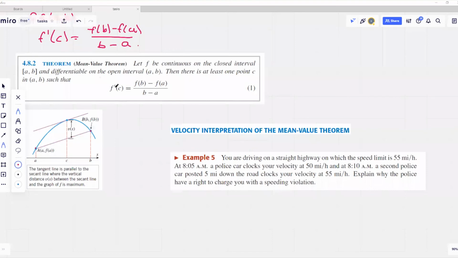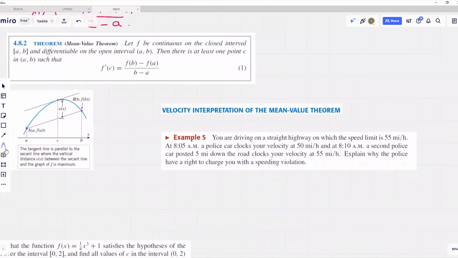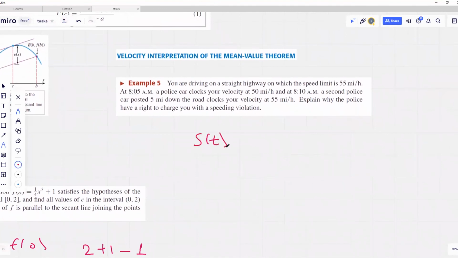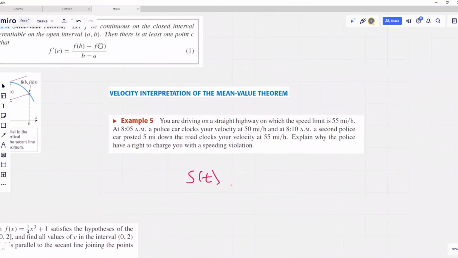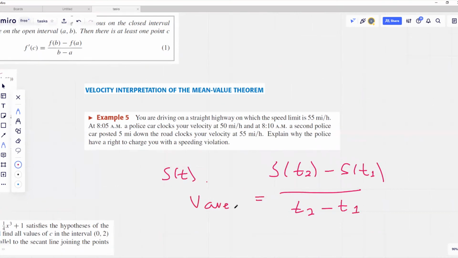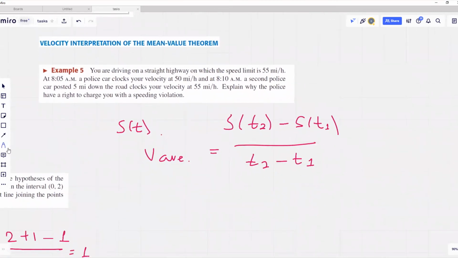Mean value theorem has also a nice velocity interpretation. If we consider this function f as a function of position against time, so let's call it s of t, then this fraction here might be represented as position at time t2 minus position at time t1 divided over t2 minus t1, which represents the average velocity of a point, let's say, on the time interval from t1 to t2.